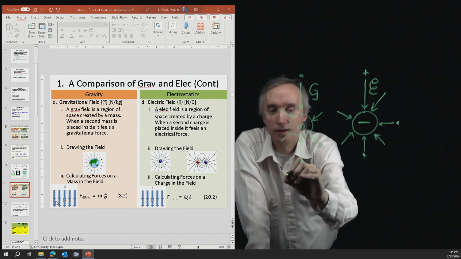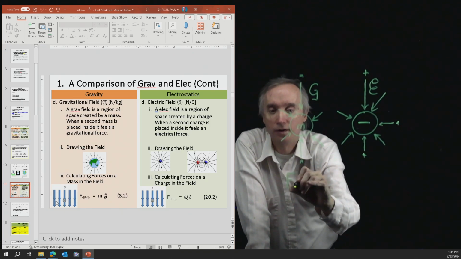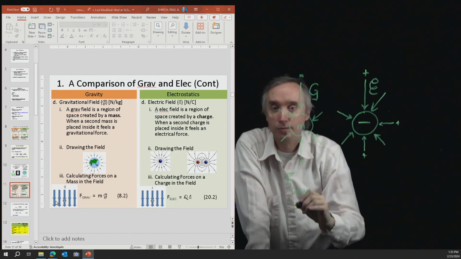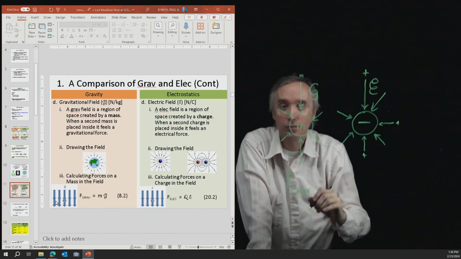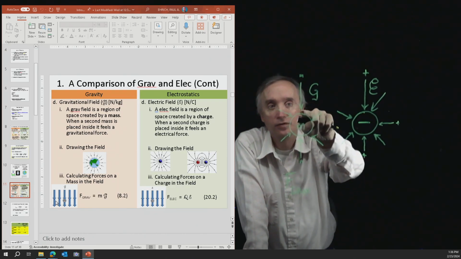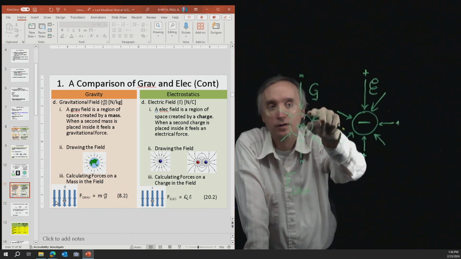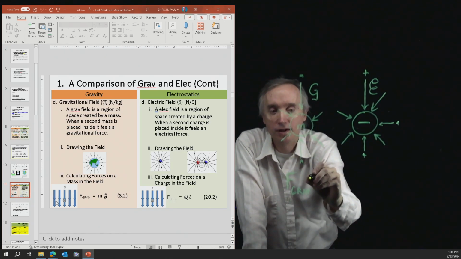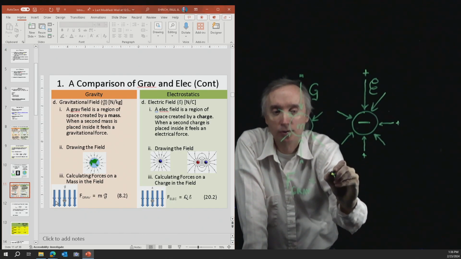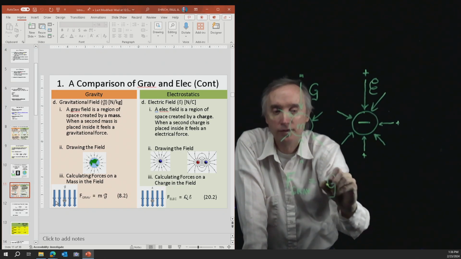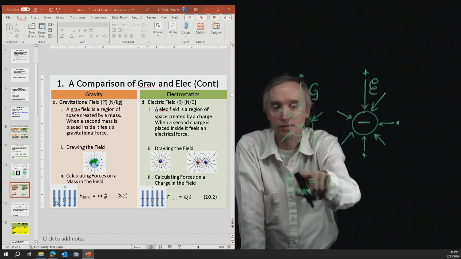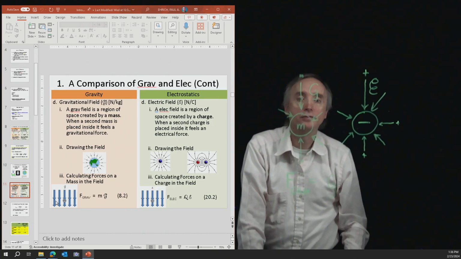The force of gravity is going to depend on the field. We just got through saying the field is stronger the closer you get to the mass, so it's proportional to the gravitational field. As the field increases, so does the force of gravity.